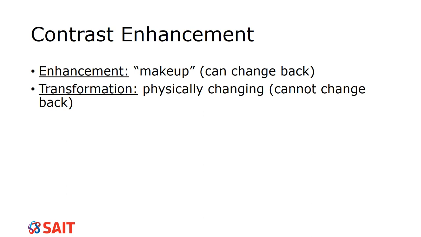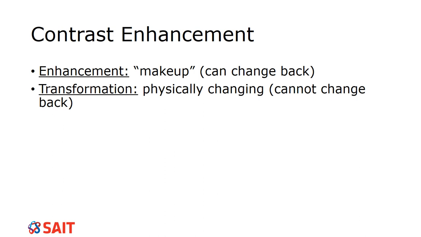So I want to clarify between these two words. There is a contrast enhancement, and then there is transformations. People always get this confused, and this always ends up on an exam. I always ask this on exams, and people get confused so much. So I want to clarify this. Enhancement is like makeup.